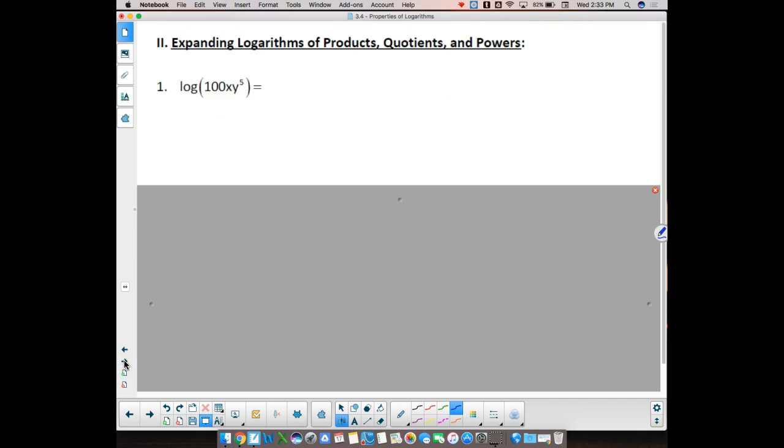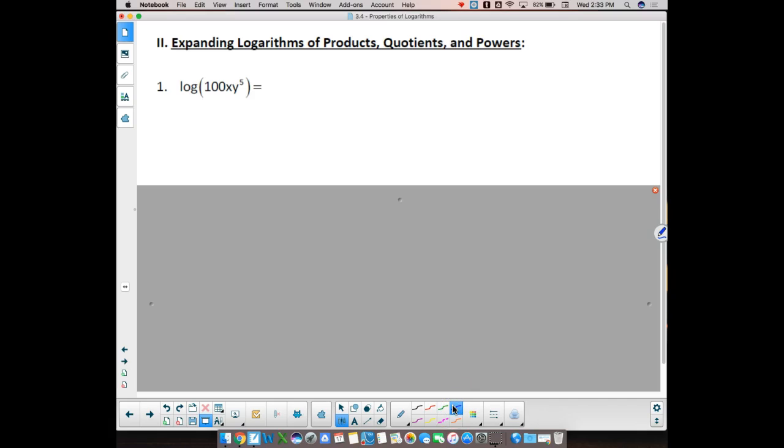Okay? Let's expand. So there's two ways that we're going to use these three properties. We're going to expand. We're going to take one single solitary log, and we're going to make it be a bunch of logs. Or we're going to condense, and we're going to make a bunch of logs become one log. Okay? All right? So this one is an expanding.